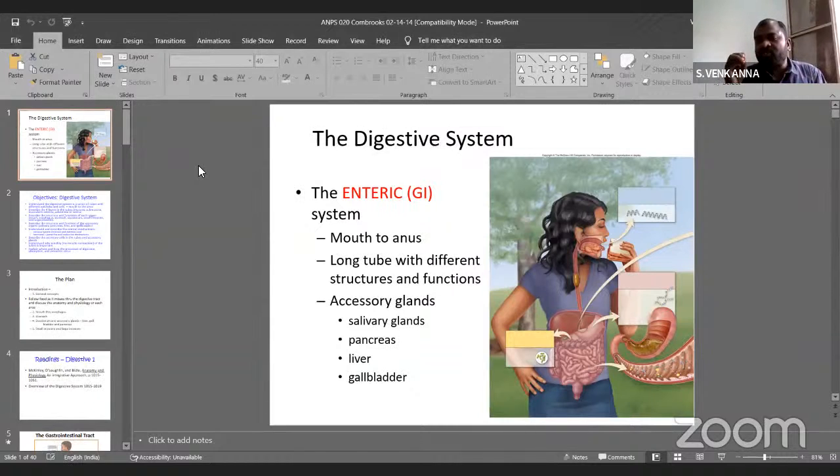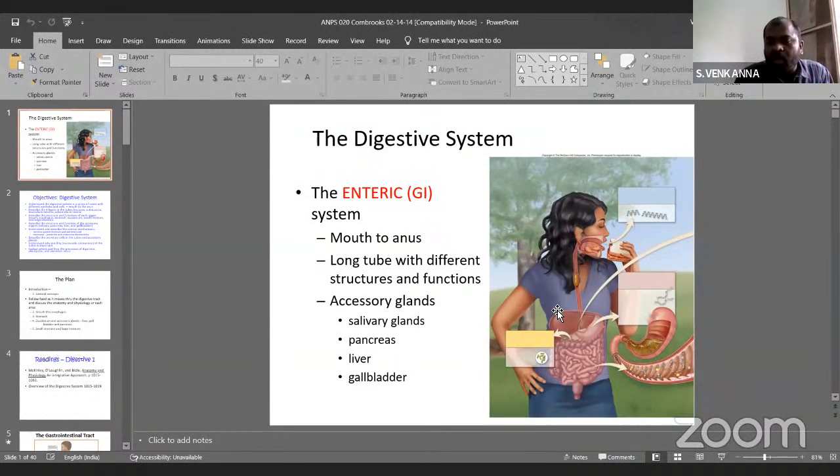The digestive system starts at the mouth and ends at the anus. It is an internal complex. In human beings, the digestive process goes from mouth to anus. It is a long tube with different structures and functions.